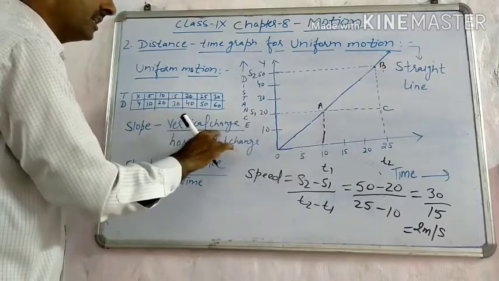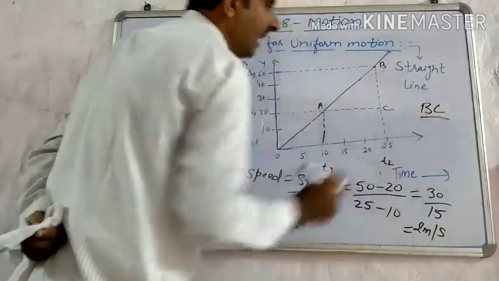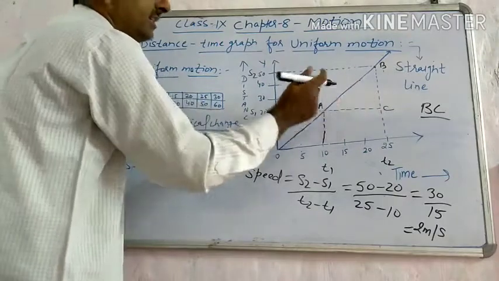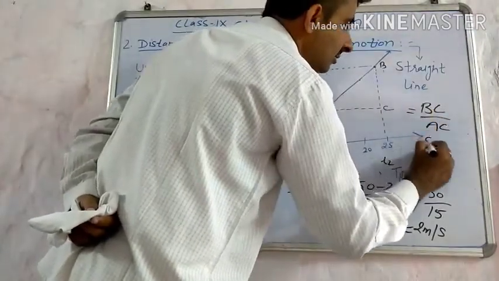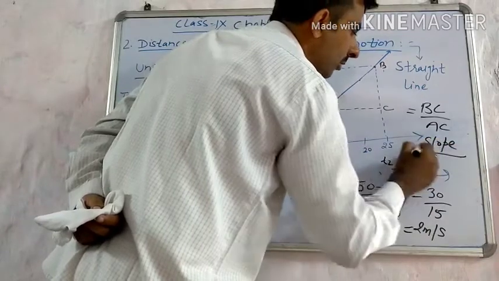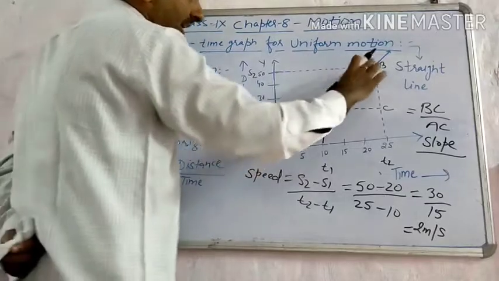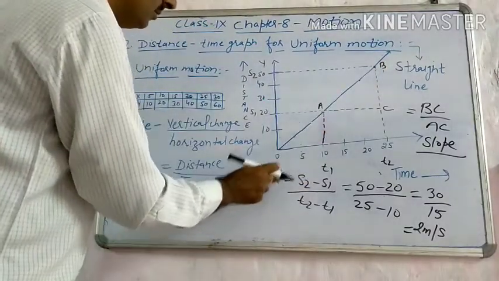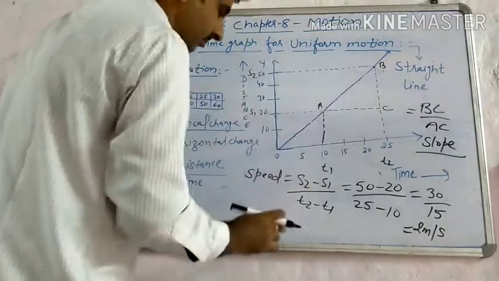Vertical change is here BC, and horizontal change is AC. BC by AC is called the slope of the triangle or slope of this line. By calculating the slope, we can calculate the speed between these points A and B.